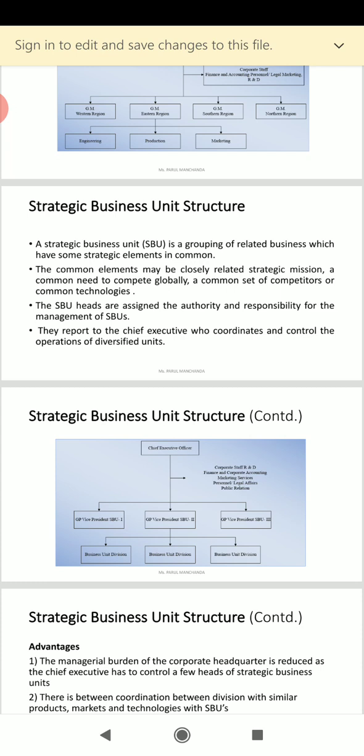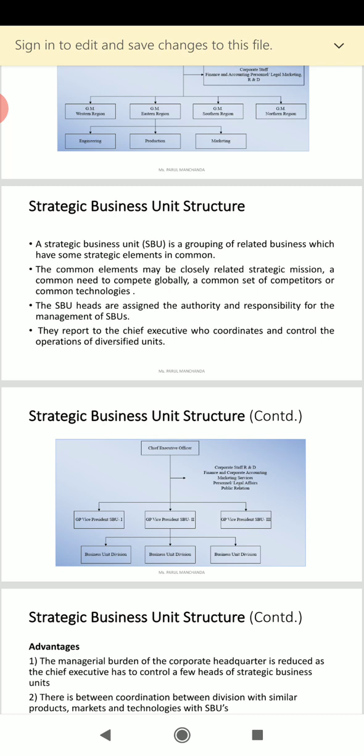Similarly, they identify similar opportunities in another area, and they club them into strategic business unit 2. Now this SBU1 and this SBU2 report to a certain executive officer. This executive officer is further accountable to the headquarters. So understand this as one more hierarchical level added to ensure that the communication between the SBUs and the headquarters is done in a clear manner.